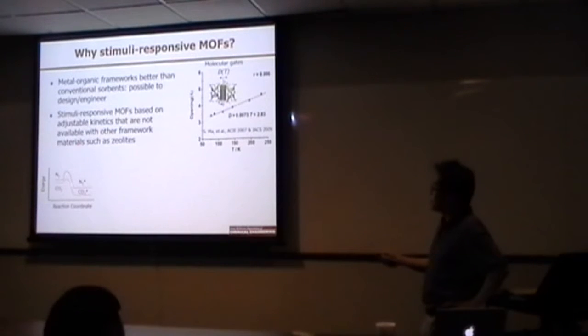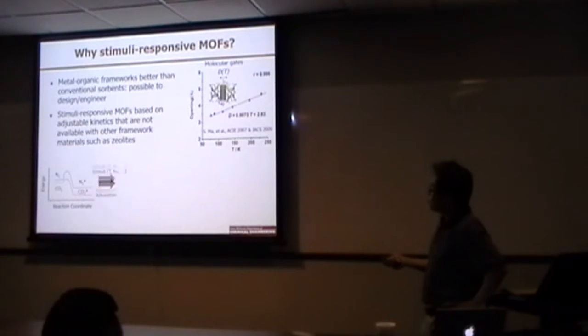Nitrogen also will do the same thing. So you have a slight advantage, because in this case the energy that you gain for CO2 to be adsorbed is slightly greater than nitrogen, which means CO2 will be preferentially adsorbed.